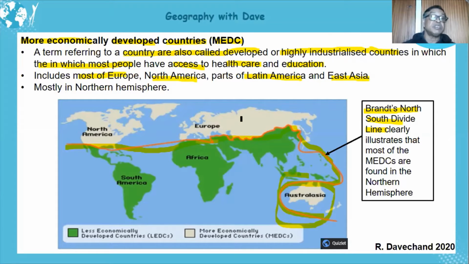So most are found on the north of Brandt's North-South divide. Okay, so let's go on.